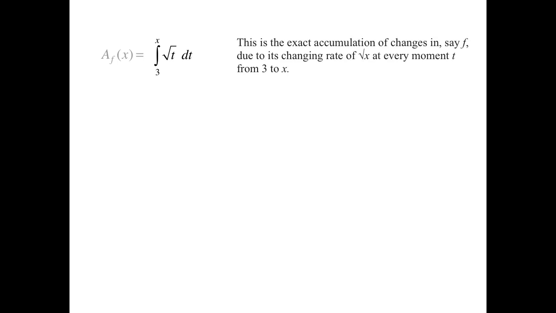And then here would be a perfect way to phrase it. I'm not asking you to be perfect, because that would just be memorizing this. I want you to say it in your own words, but here would be a perfect way to phrase it. This is the exact accumulation of changes in, say, f, some quantity, we don't know, due to its changing rate of square root of t at every moment t from 3 to x.